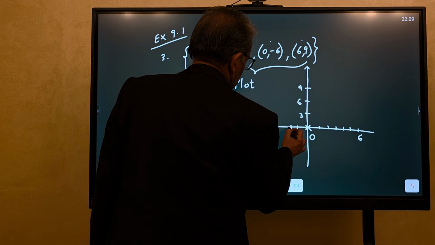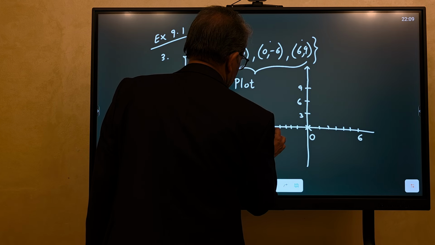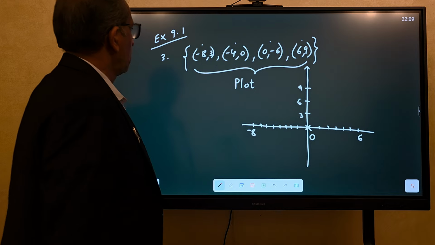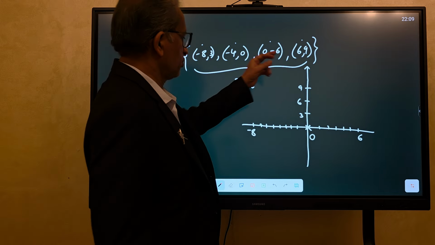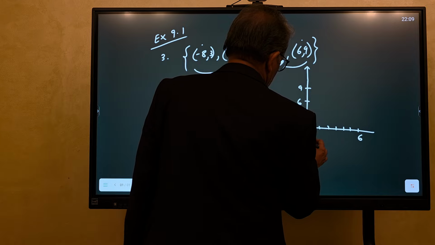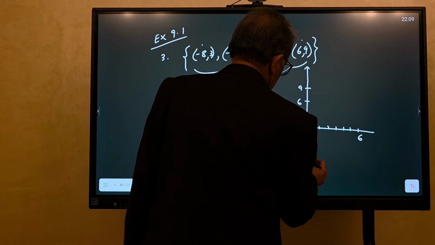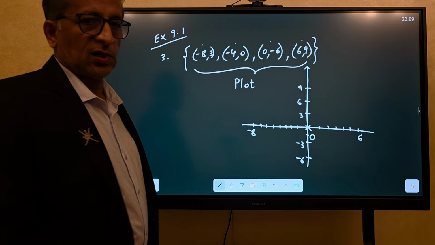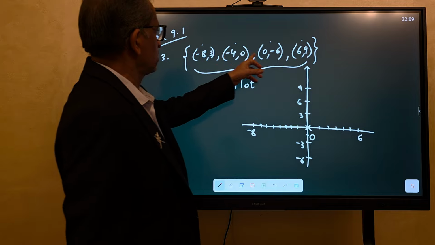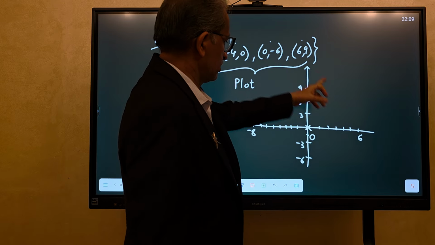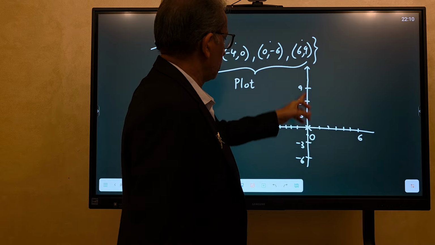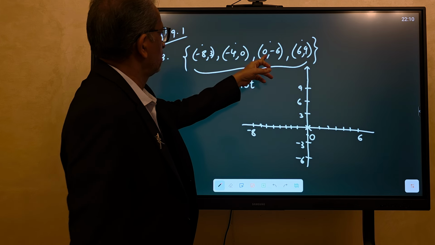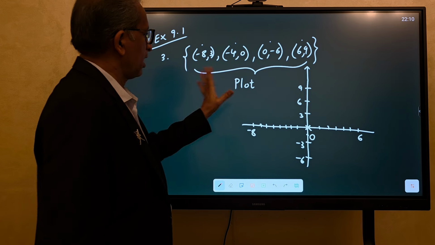So 1, 2, 3, 4, 5, 6, 7, 8. And the negative value of y is -6. So -3 and -6. Based on these points, x goes to a maximum of 6, y goes to a maximum of 9, x to -8 and y to -6. So I have all the points.